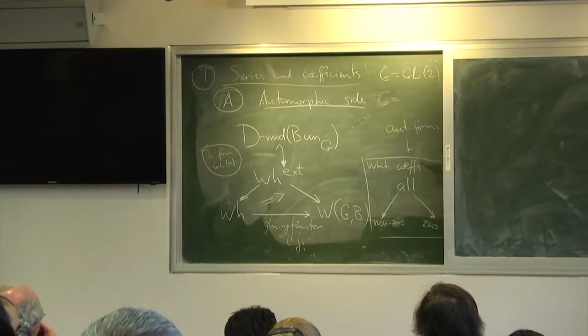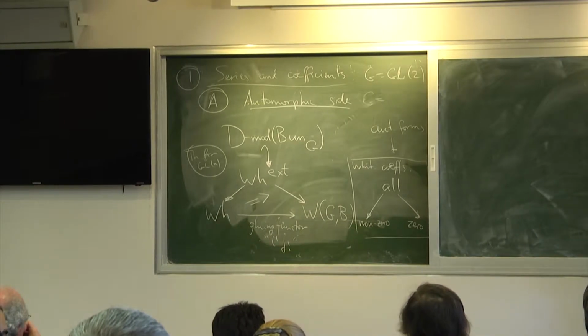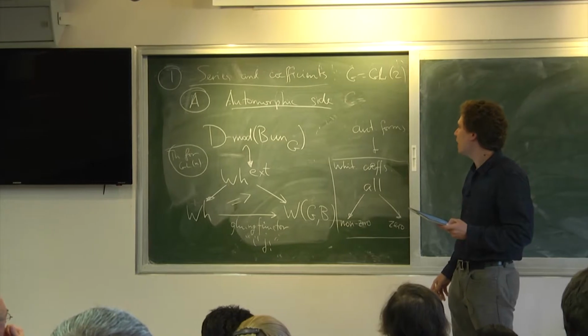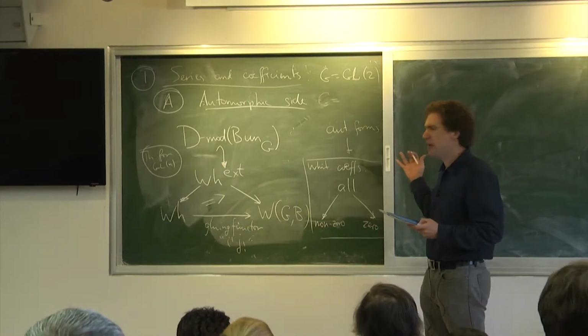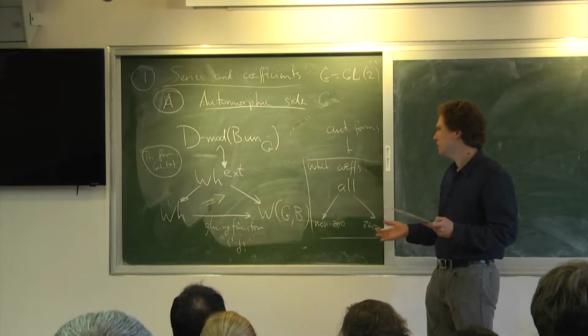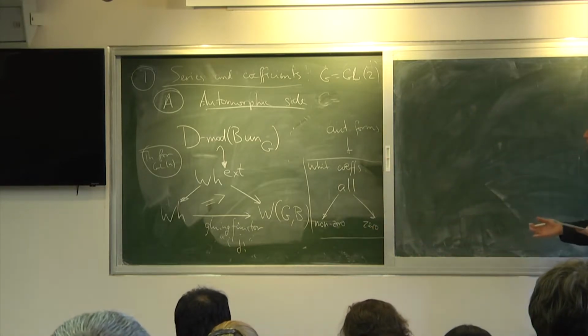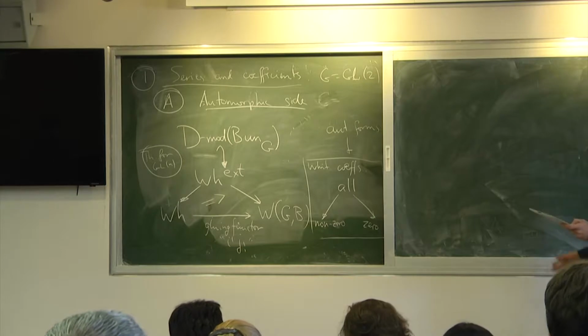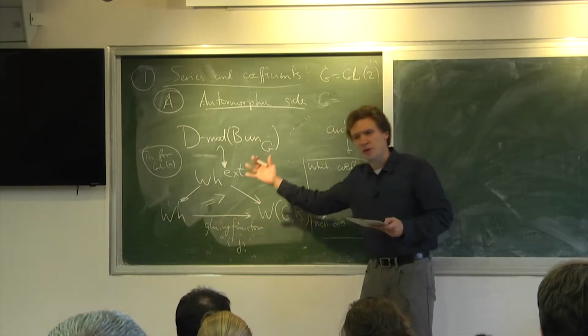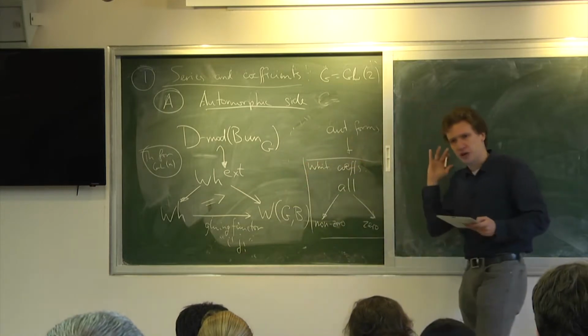So this is somehow the key diagram on the automorphic side, and part of the project, and the subject of my talk last time, was to construct a counterpart of this diagram on the Galois side.